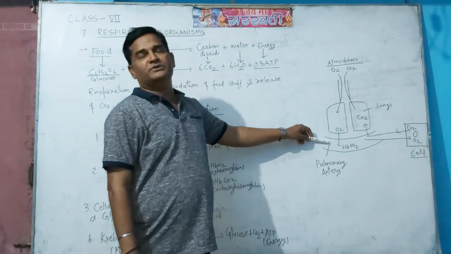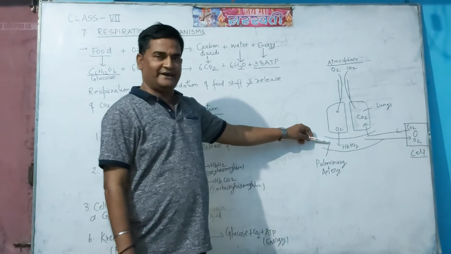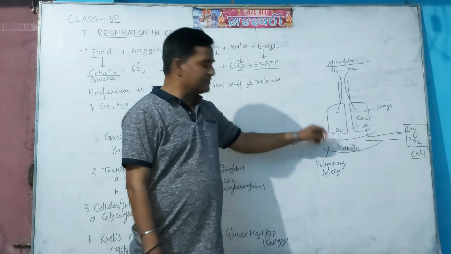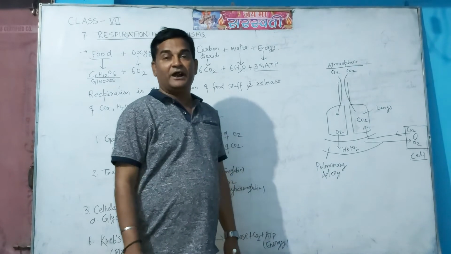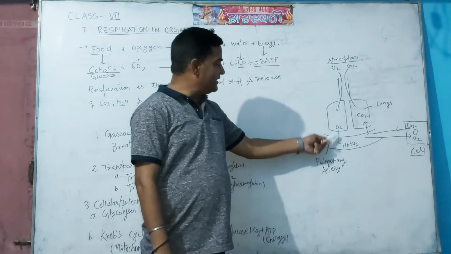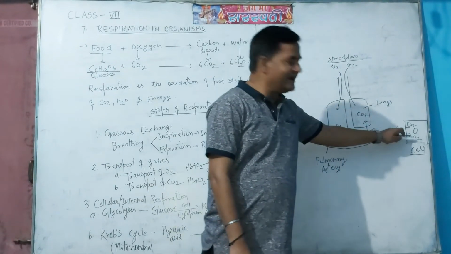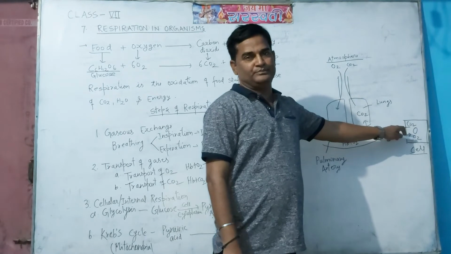And as we know, children, our blood is made up of RBC, WBC and platelets. These RBC, red blood cells, have hemoglobin molecules. These hemoglobin molecules attach with oxygen and it finally reaches every cell of our body.